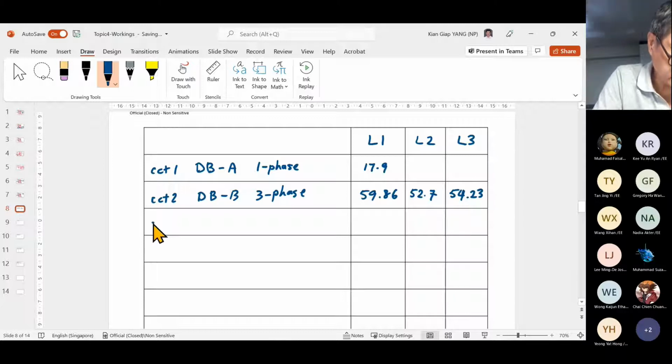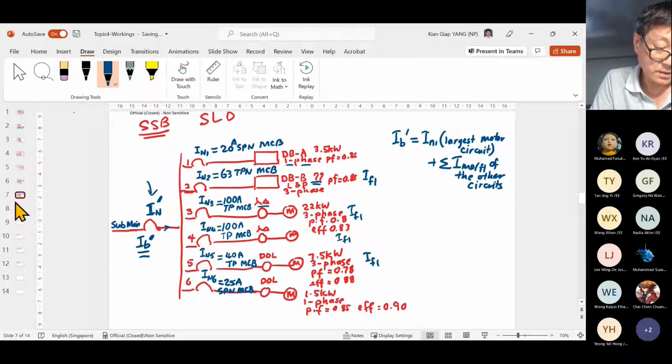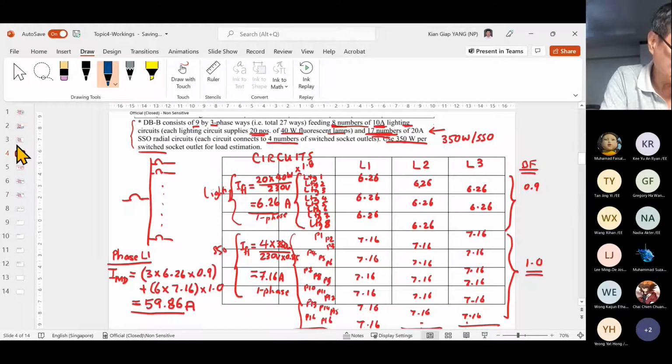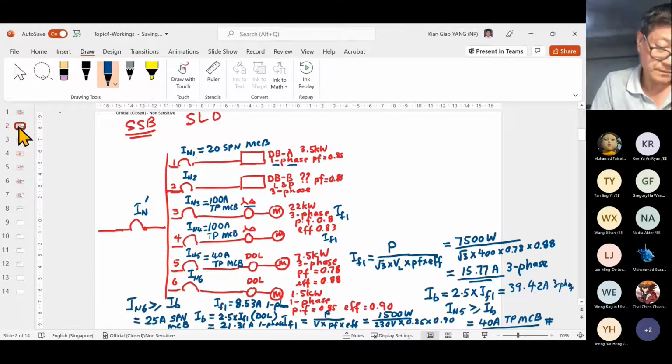All right, then come to circuit number 3, circuit number 4, circuit number 5, and circuit number 6. I take the values from all this calculation. Okay, circuit number 3, when we calculated, what was our calculation? Circuit number 3, I full load. Okay, here, no, sorry.